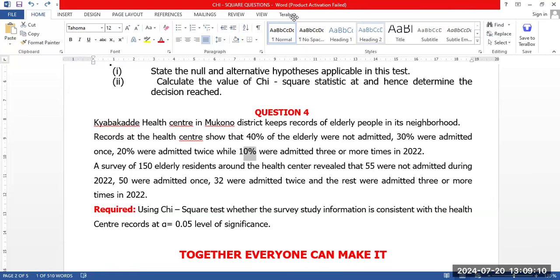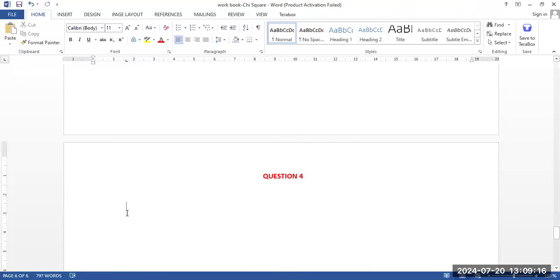So I can first record that. I can define variables. Let X represent the number of elderly that were not admitted.